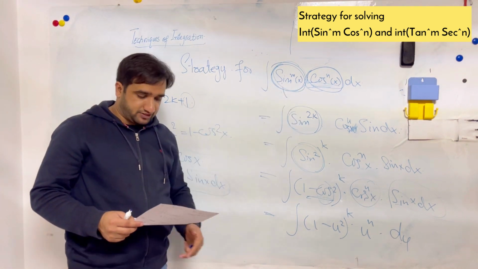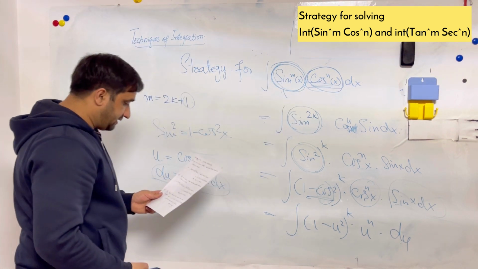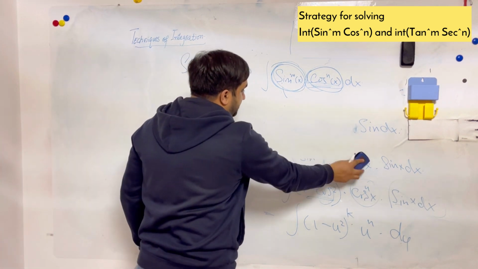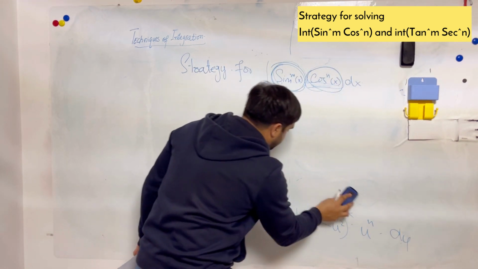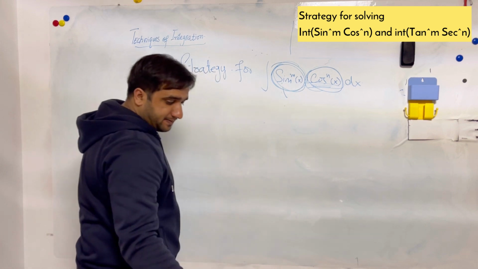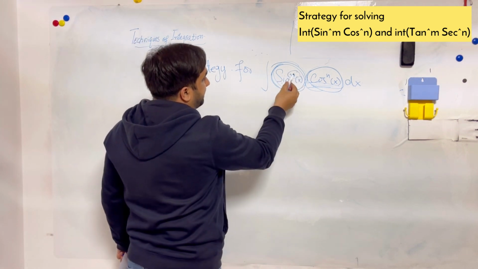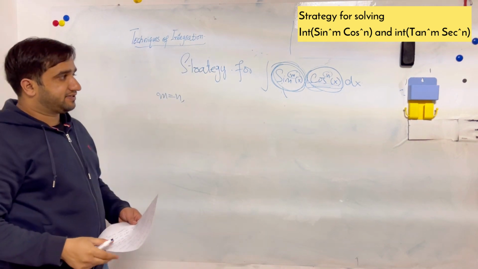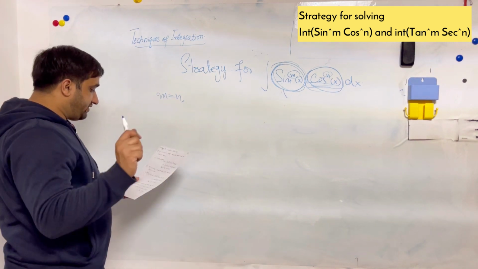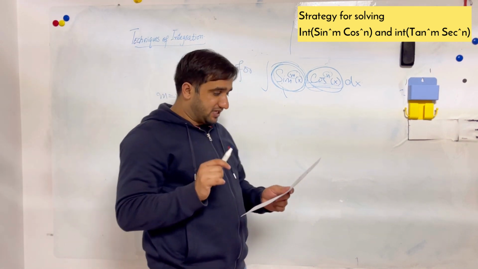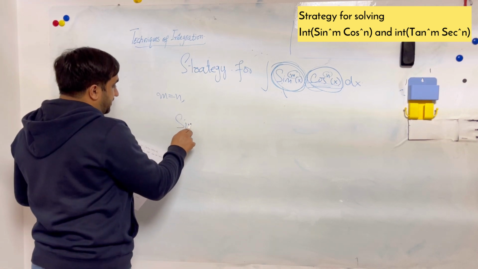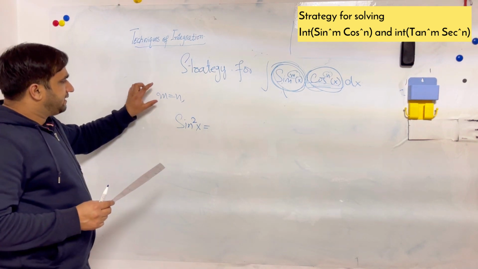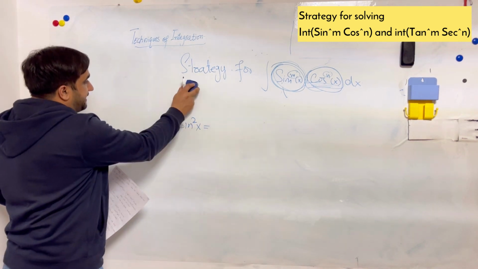So if you have this kind of situation, you can apply these two rules. And sometimes you have the same powers of both sine and cos, for example, if this is 3 and this is also 3, meaning m is equal to n, both powers of these two functions are the same.